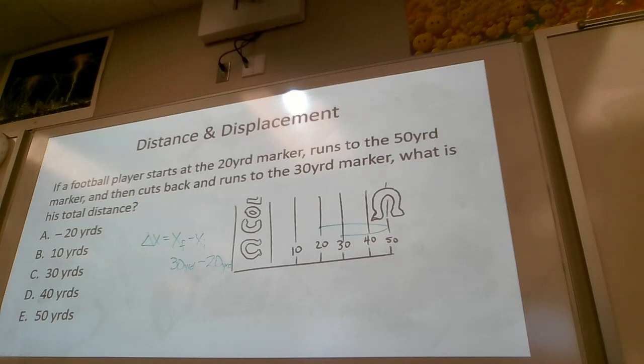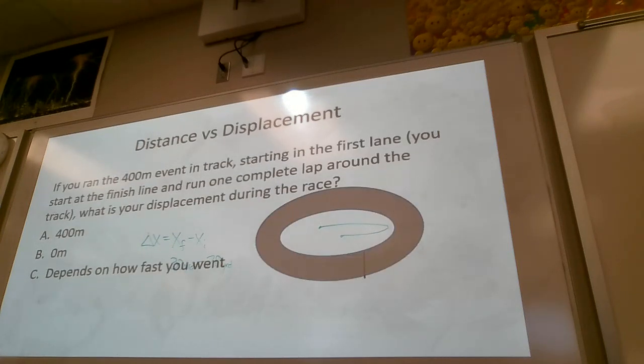So, have you ever run the 400? One lap around the track. What's your displacement? 0?